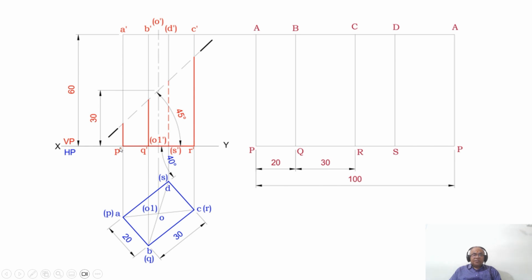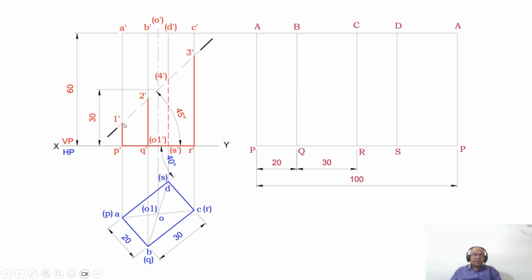A dash B dash will have the same length as AP, so obviously A dash B dash is in true length. Then I need to mark this point. Since we have opened along AP, AP is the first point. You mark that point as 1 dash.